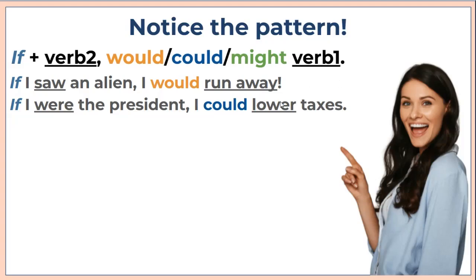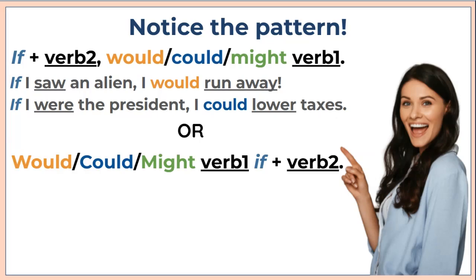And one thing to note, when we do have the if clause at the beginning of the sentence, we need a comma to separate it from the independent clause that follows. Or you could always put your modals first and then your if clause second. So again, you could do your would, could, or might, verb one, and then your if, verb two.